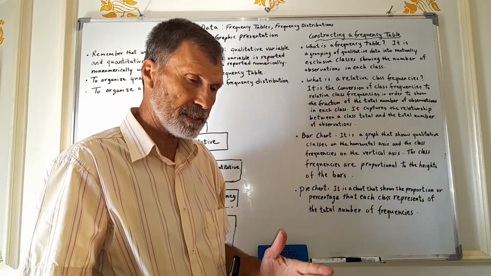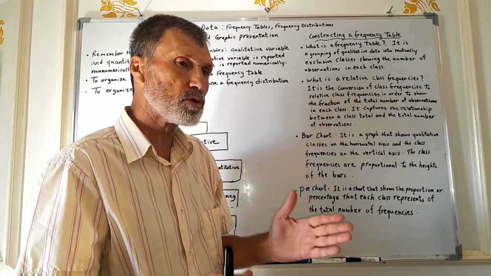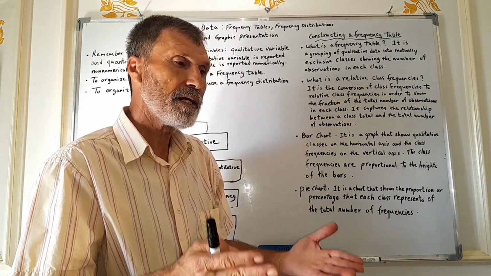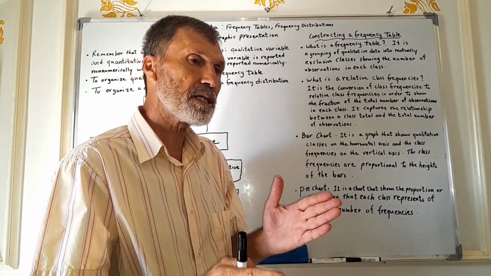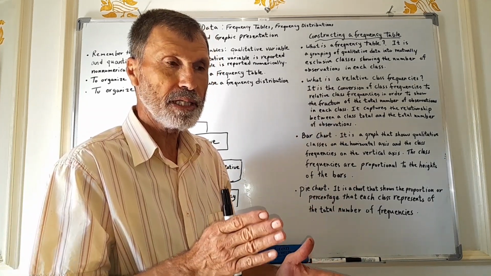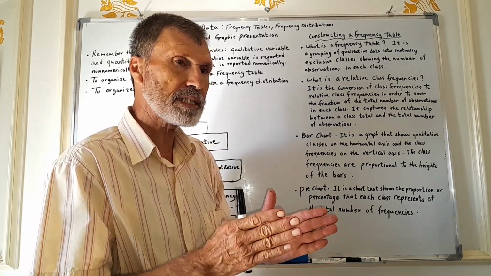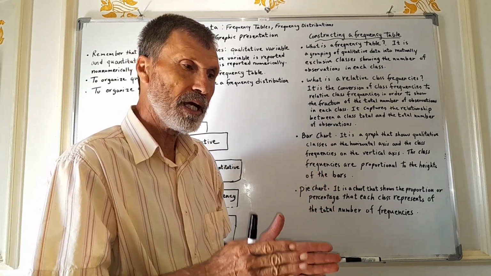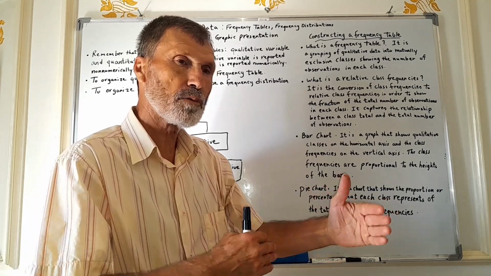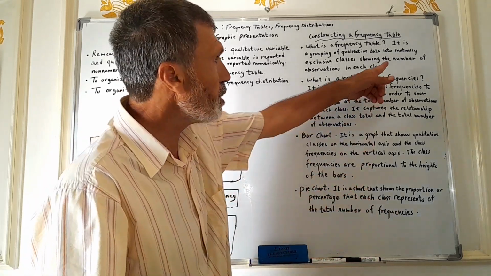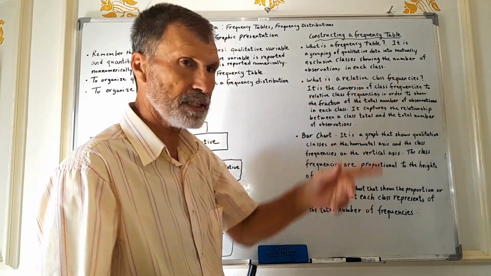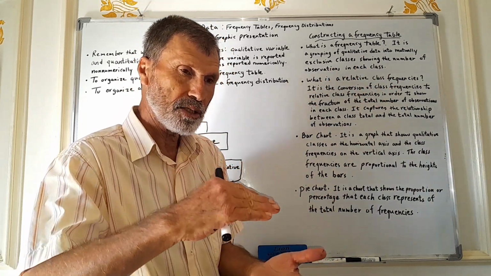So we're going to have classes. Those classes are mutually exclusive. That is, they are not overlapping. In other words, there's nothing in common between them. The classes basically are qualitative, and we don't have anything in common between these classes. Showing the number of observations in each class, that is the frequency.